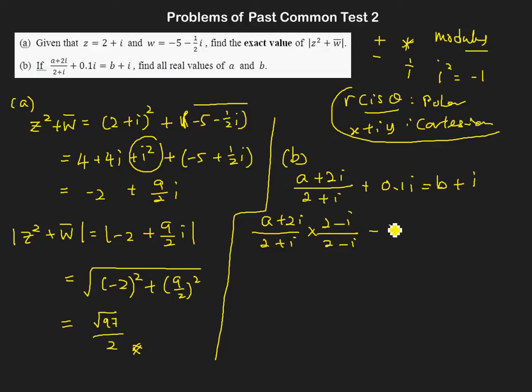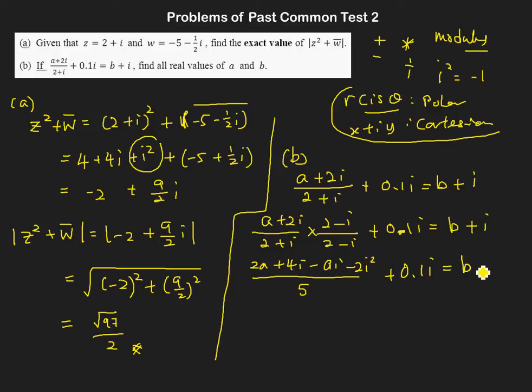This is just copying at this point, right? b plus i, and you should end up with this. It will be 2a plus 4i minus ai minus 2i squared. Recall that i squared is actually -1.